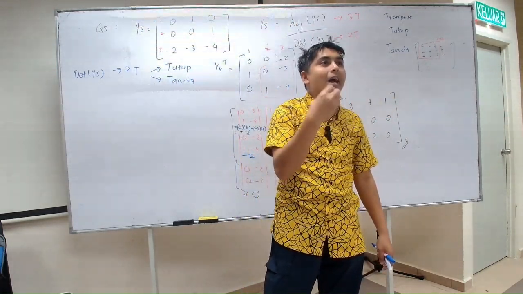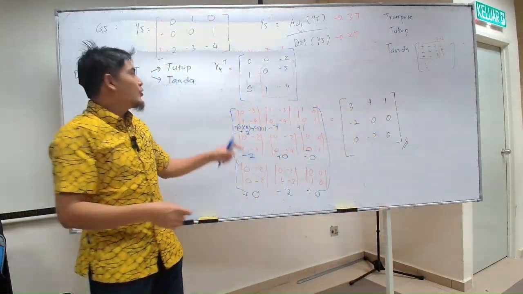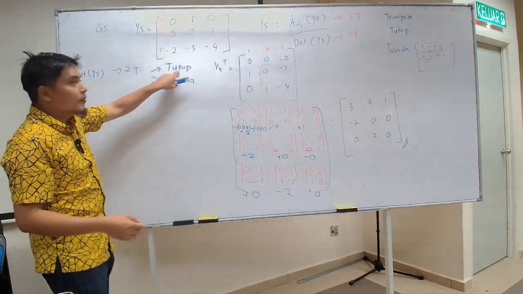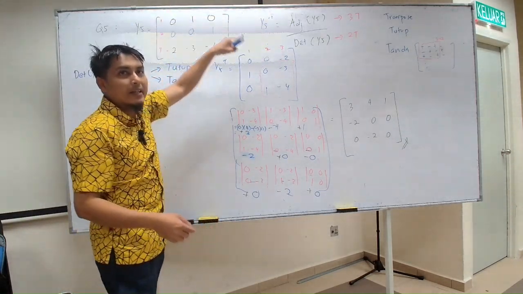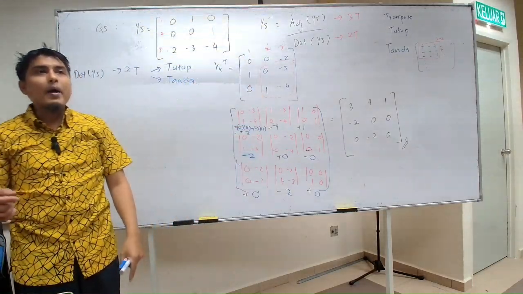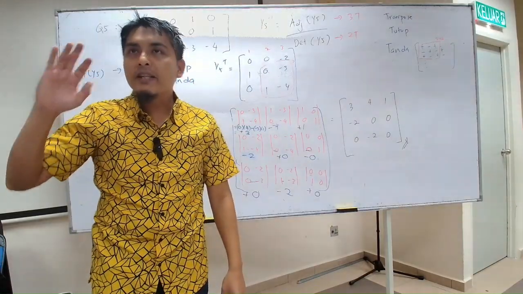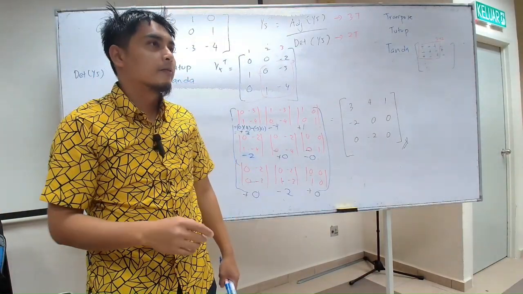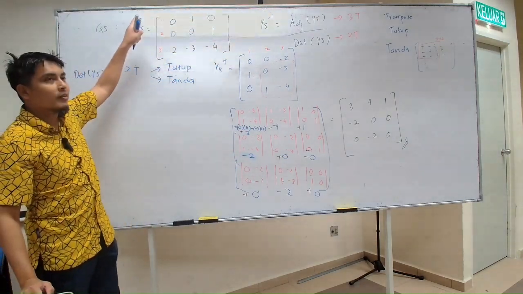That is easy, that has many zeros. In order to calculate the determinant, you can choose any row or column that you like. But I suggest you choose a row or column that has many zeros and simple numbers.